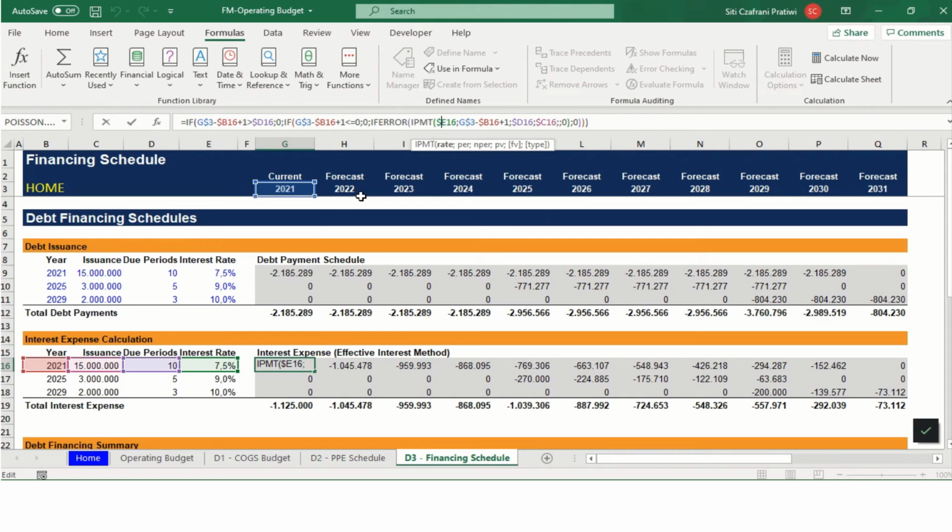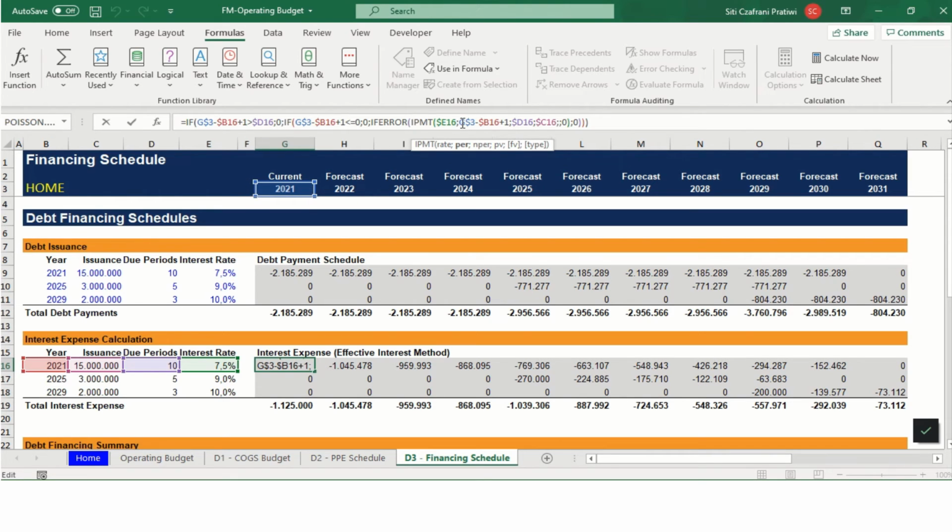So year 2022 is in the second period of interest payment. Alright, so again, this is how to calculate the PER, the G3 cell, the current year. You just lock the column here, or put the string in front of the numerical value here, because we need the period for each forecasted year.